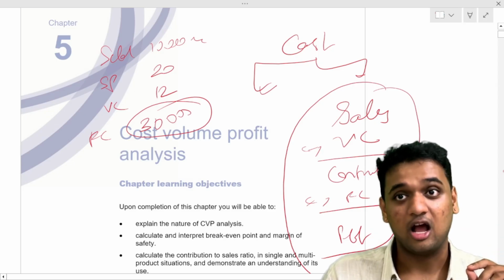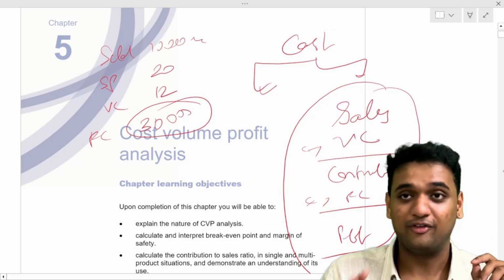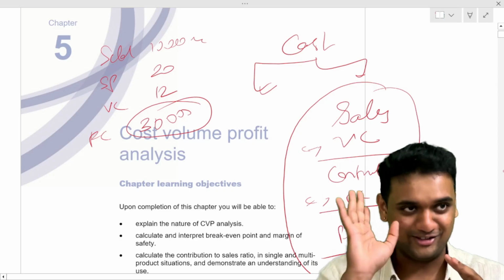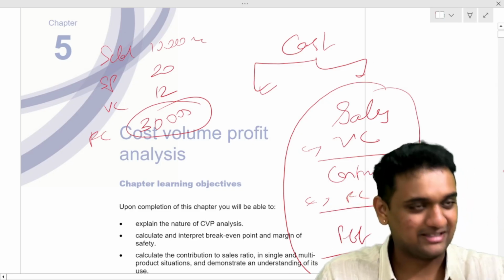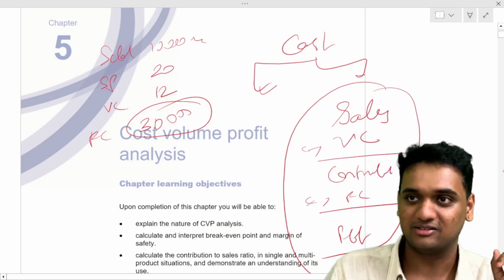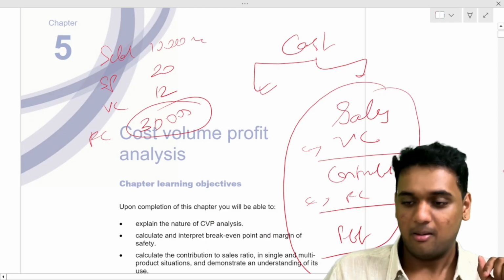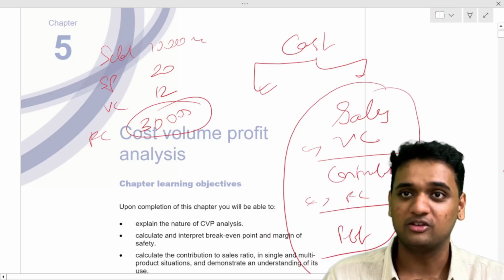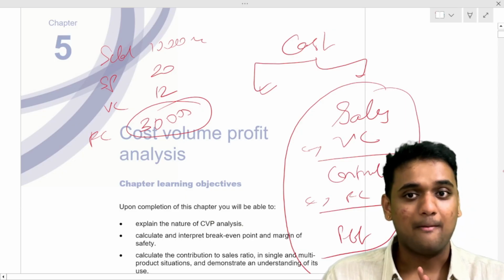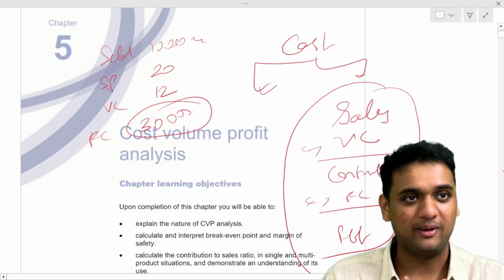Fixed cost is 100 rupees in total. I have to pay salary, rent, everything inclusive is 100 rupees. My selling price per unit is 20 rupees. My variable cost is 10 rupees.